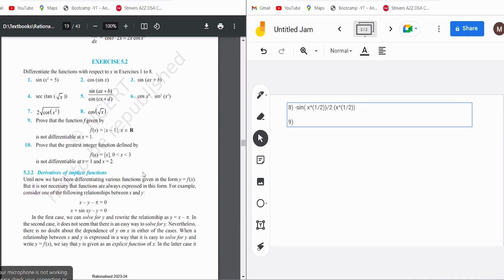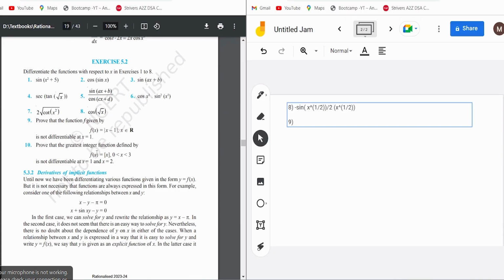Question number 9 is saying, prove that the function f given by f(x) equals mod of x minus 1, x belonging to R, is not differentiable at x equal to 1. So here we have to prove that our function is not differentiable at x equal to 1. How can we do that?